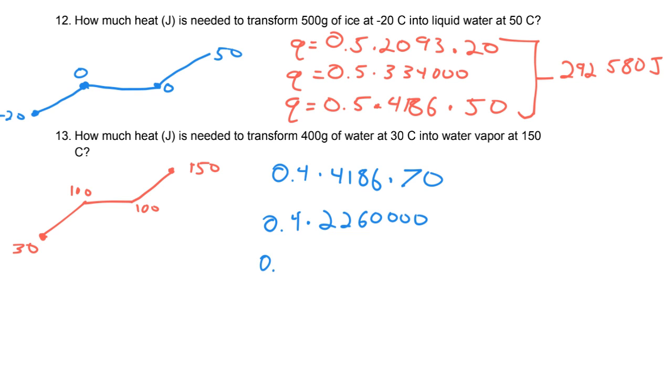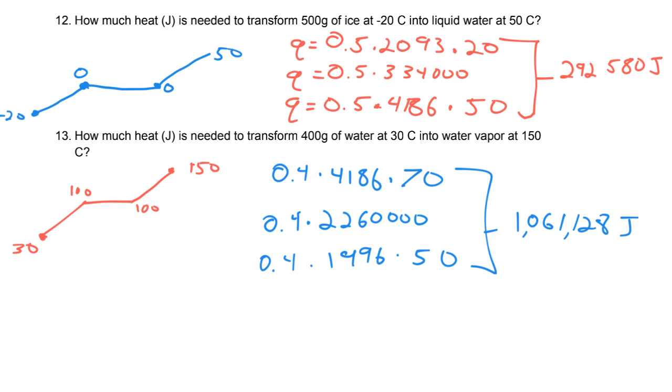And then for that last section, the specific heat of steam, which is the lowest number, 1,996. And then the steam heats up 50 degrees. Let's multiply all three of these. And I got 1,061,128 joules of heat is needed.